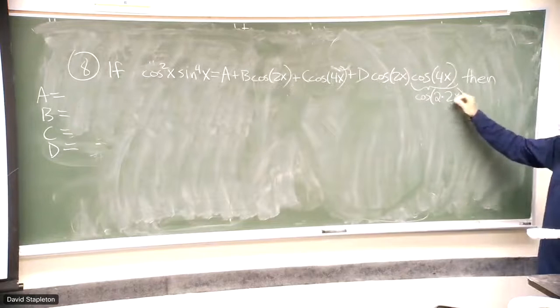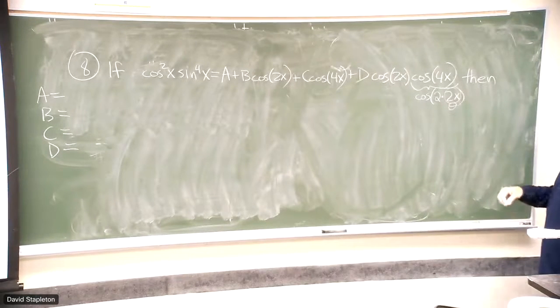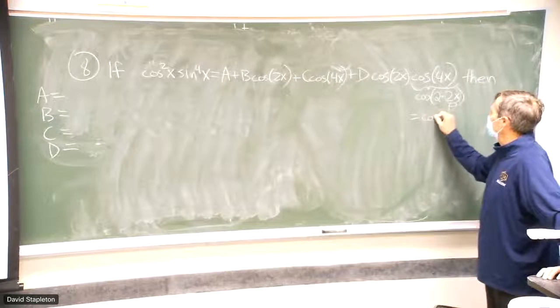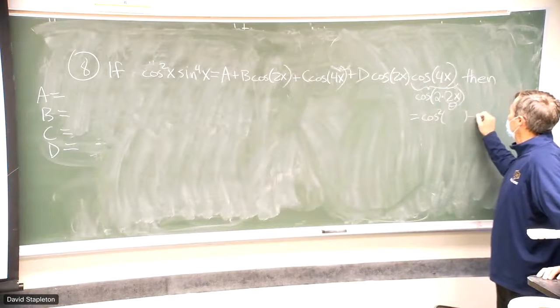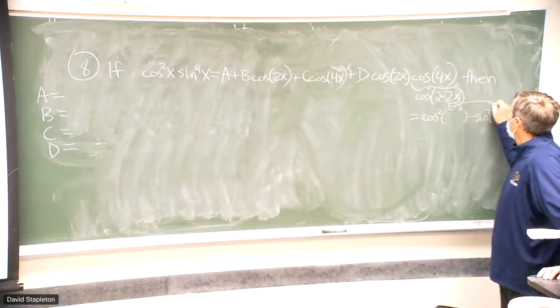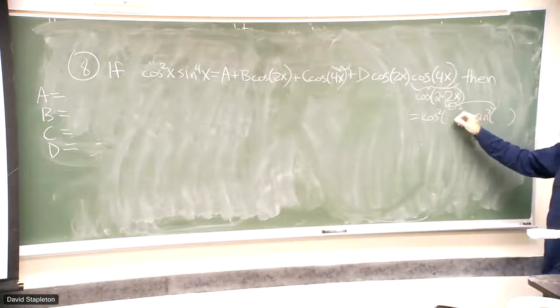You can say cosine of a double angle, think of this as 2 theta, is what? It's cosine squared theta minus sine squared theta, right? But now theta is 2x.